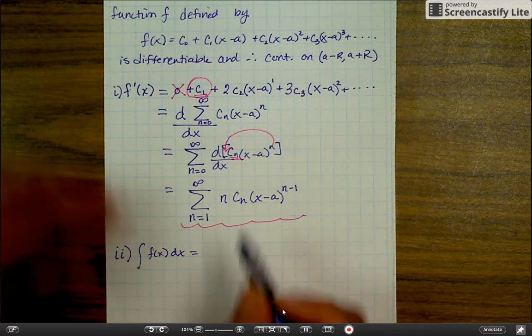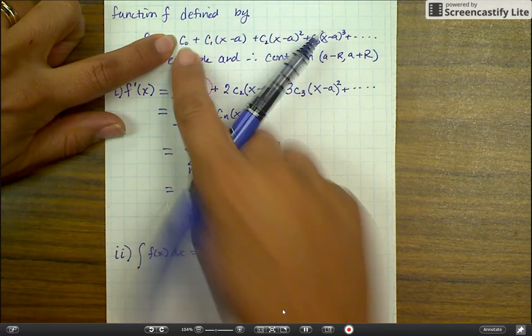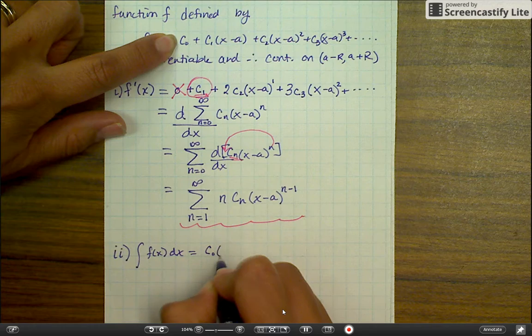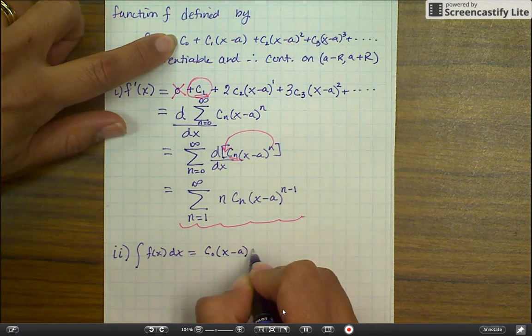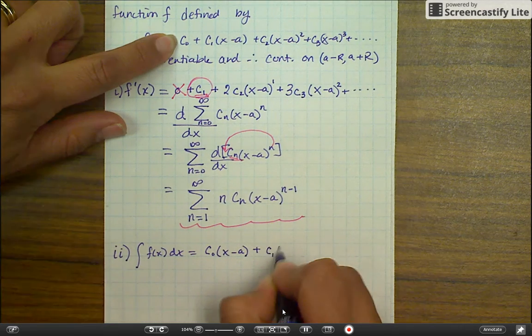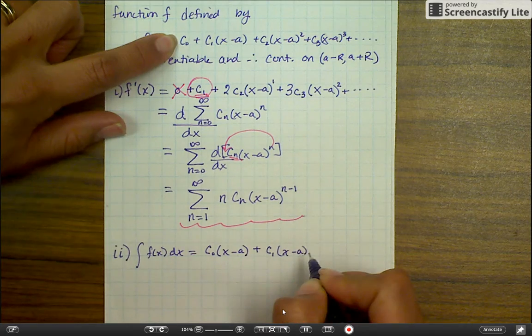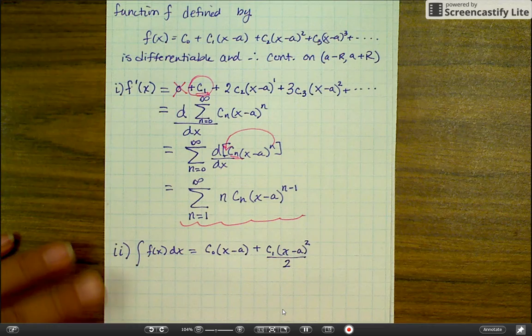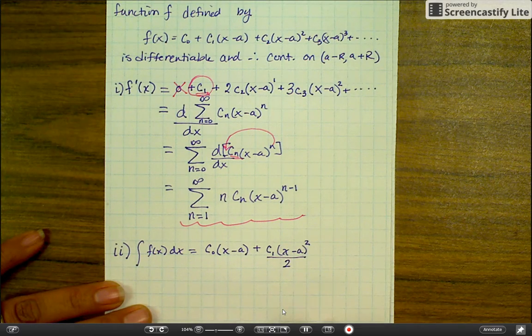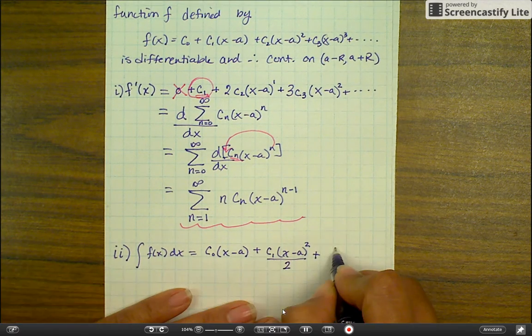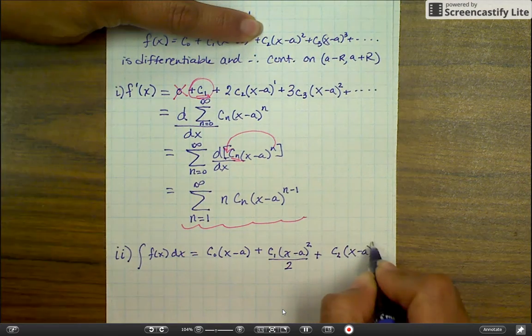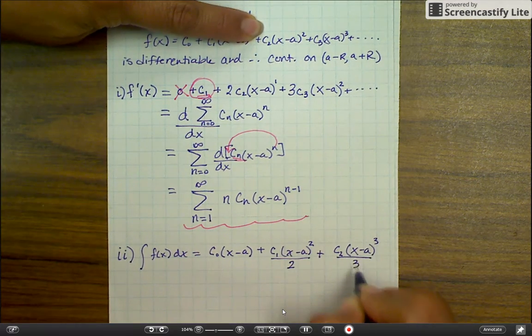So the first one, I'm going to have c naught times x minus a, plus c1 times x minus a, increase my power, divide by that power, plus, keep my coefficient, increase my power, divide by that power, plus.